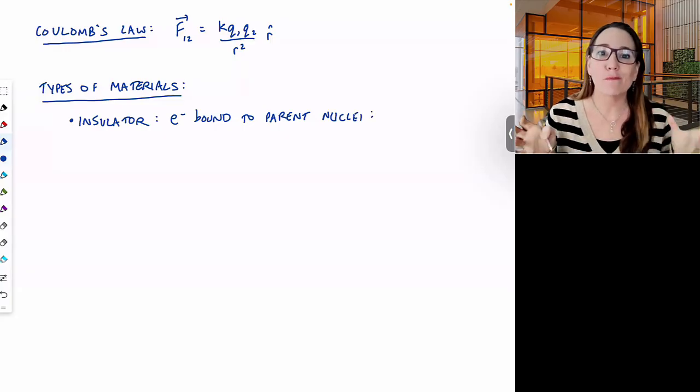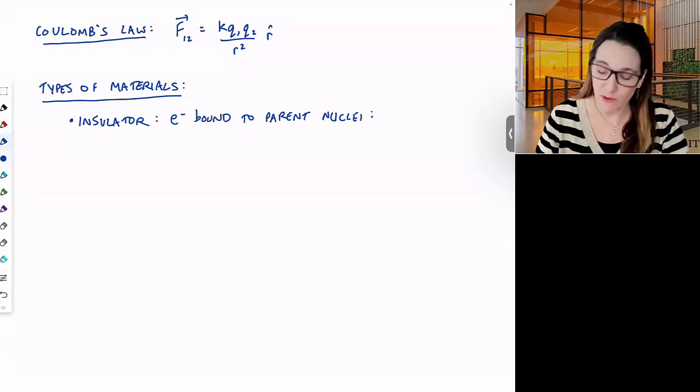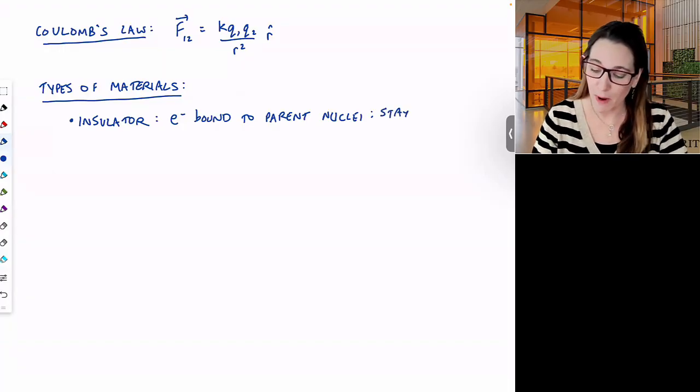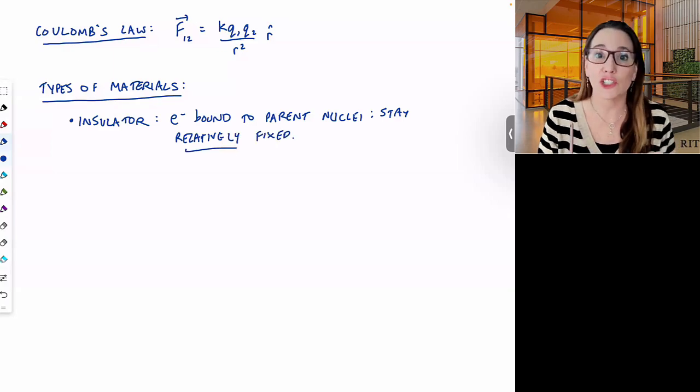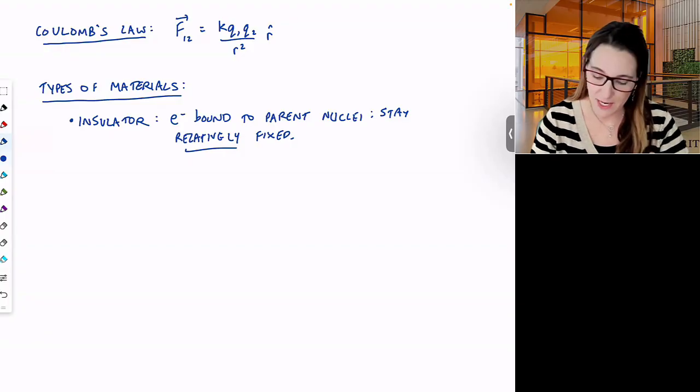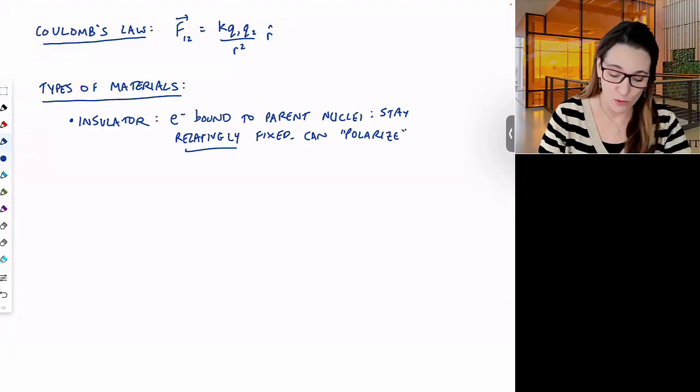So they can't really move a lot. They stay relatively fixed, but they can move around a little as if they were on a leash attached to the atom. We can call that polarizing, and they move a little.